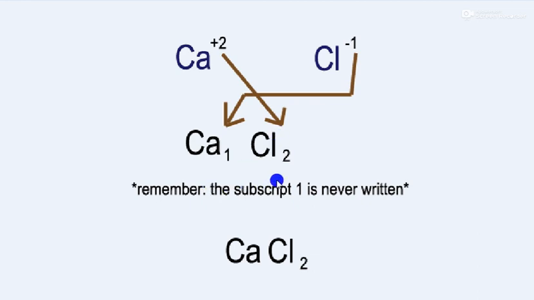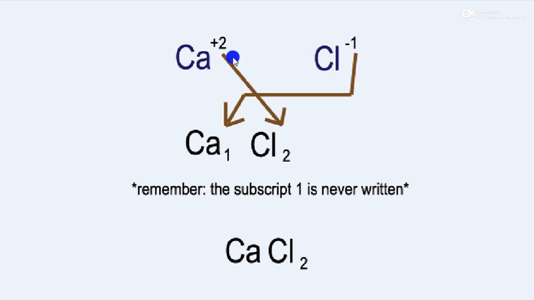And I already told, if the number is 1, then no need to write that valency. So now what is the formula? CaCl2. That is the formula of calcium chloride. So what you find? How to write the chemical formula? Again I am telling you, see. First you write the metallic element, then the non-metallic element. Then you write the valency of that atom.